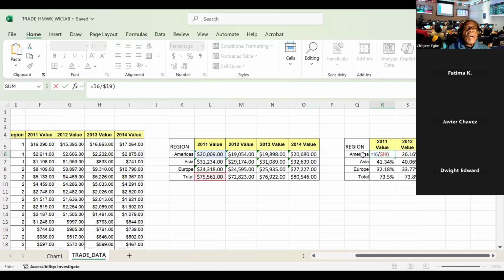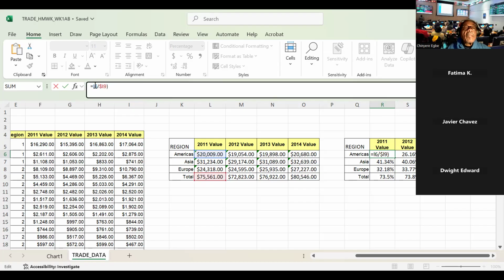By putting a dollar here, I limit this to L. And actually it should be L $6, because I'm limiting to 6.